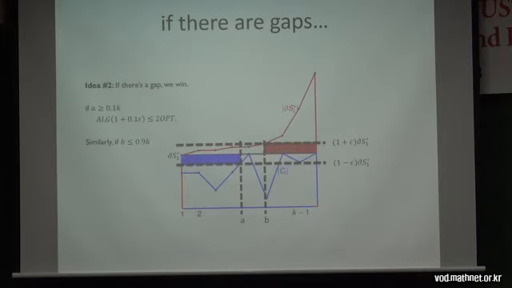If this happens, we already win. So we can assume that A is very small and B is very large, very close to K. For simplicity, let me assume that A is 1 and B is K minus 1.